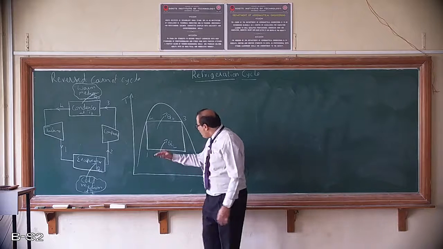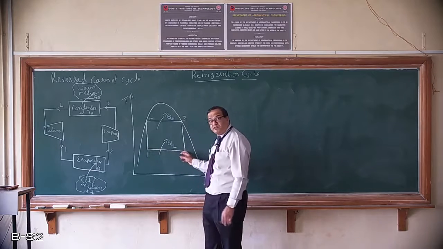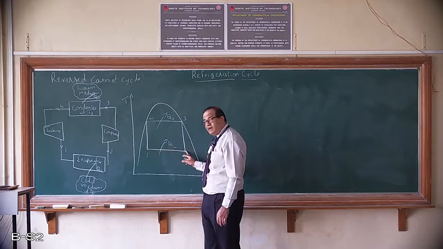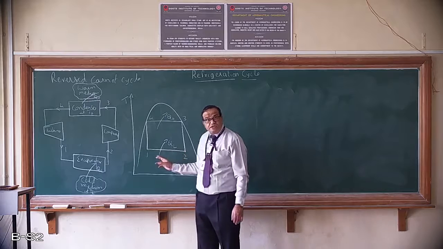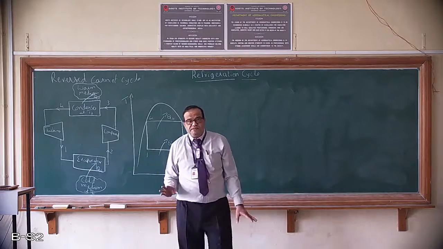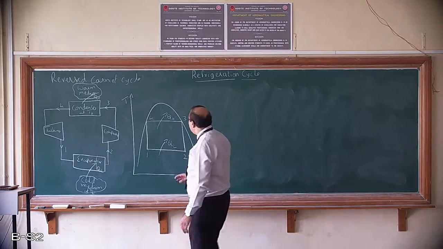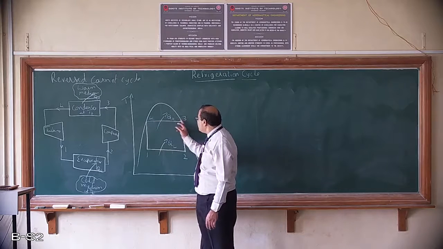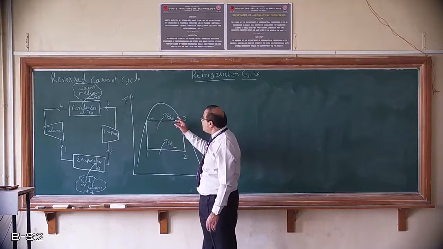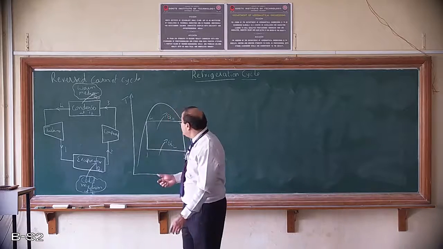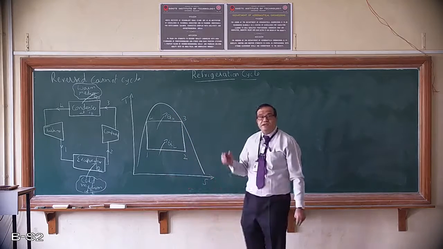Now we'll analyze whether this is possible. Yes, evaporation is possible at constant pressure. That is an isothermal process; temperatures T1 and T2 are constant. It happens in the evaporation coils, and it's practically possible. But 3 to 4, once again, temperature remains constant. So what exactly happens? There is a reduction in heat; heat is lost.